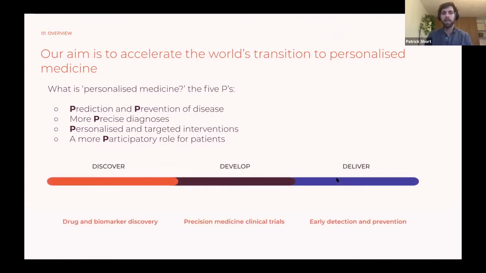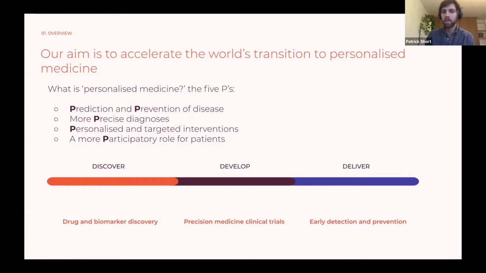And so if we split that into a grossly oversimplified and high-level view of what our healthcare system and the way drug and therapeutic development works today, if we think about 3 broad buckets: discovery, development, and then delivery to patients, where we think personalized medicine has a role to play, not just in NAFLD, NASH, cirrhosis, but in most diseases, is from the earliest stages of drug and biomarker discovery.